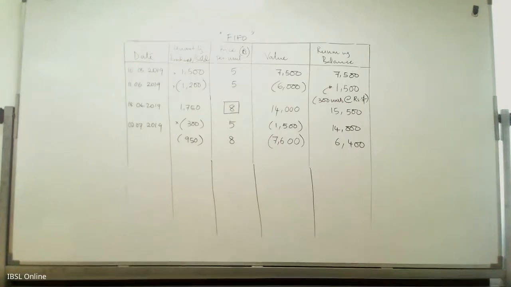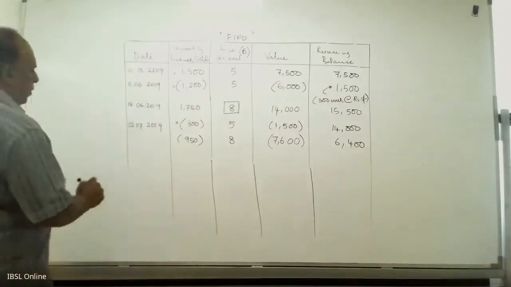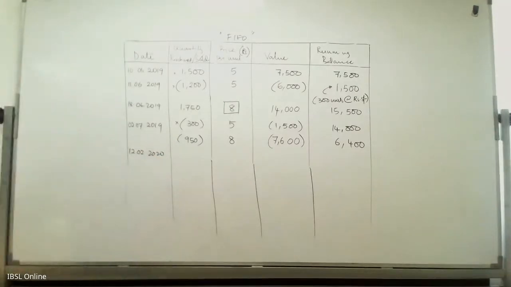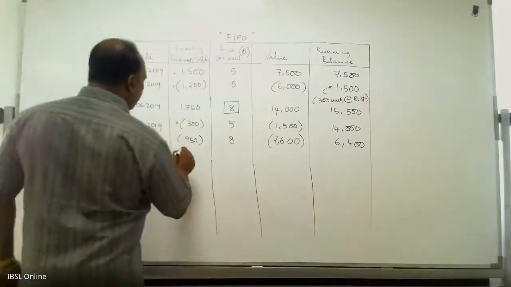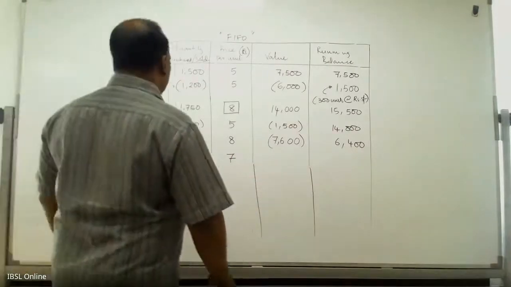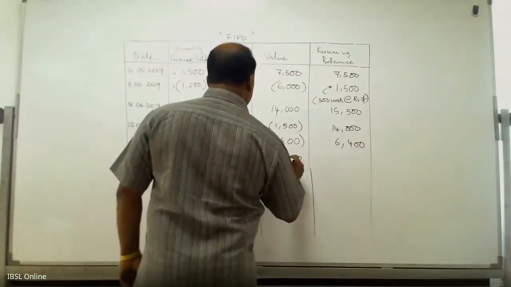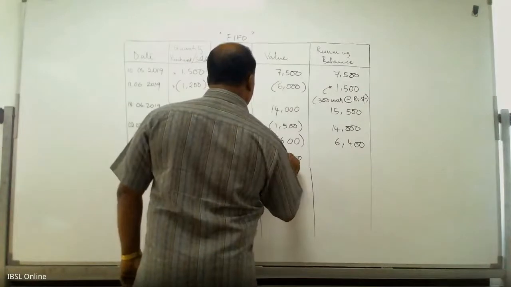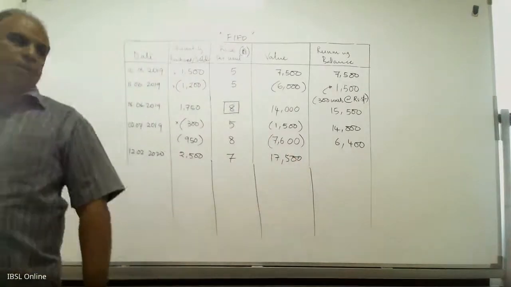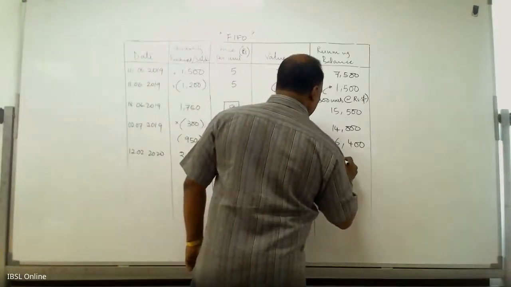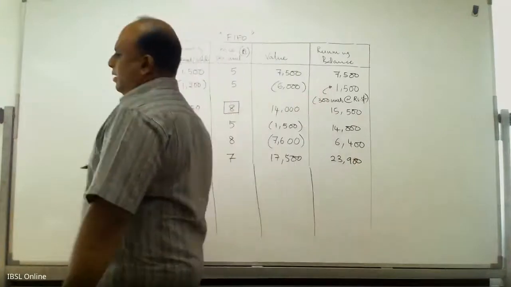But since we are doing this as a practice question, we'll look at the next part, that is on 12th February 2020, where they have purchased 2,500 units at 7 rupees. So this is 17,500. So 17,500 plus 6,400 means 23,900.